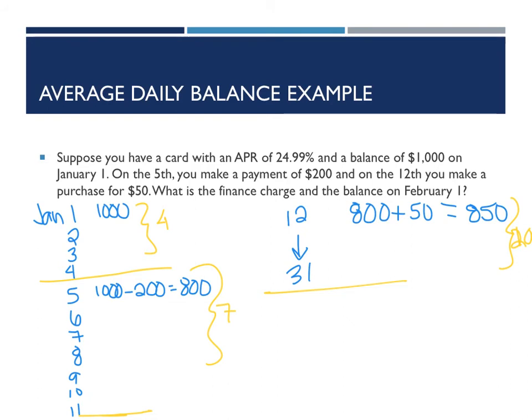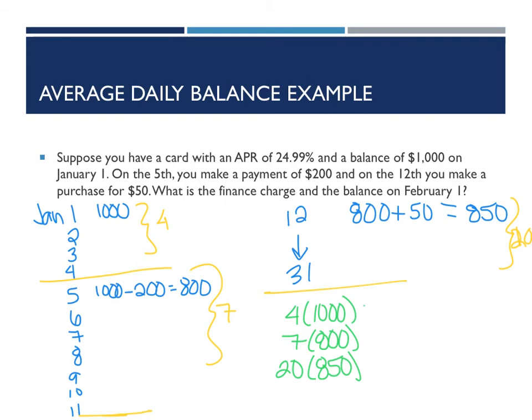So I'm going to do 4 times 1,000, and then 7 times 800 and 20 times 850. All I'm doing here is the number of days times what the amount was on that day.